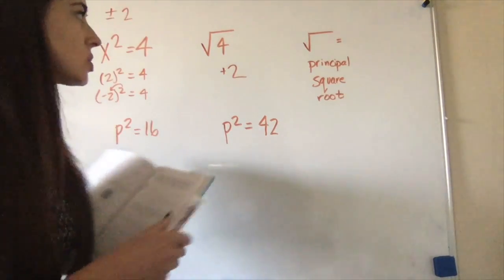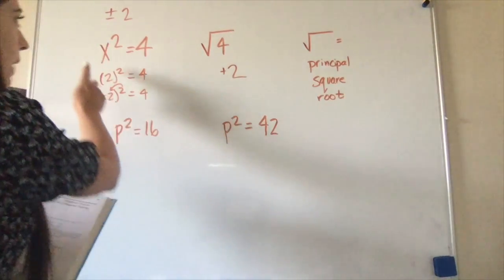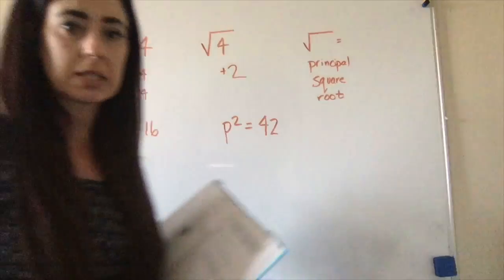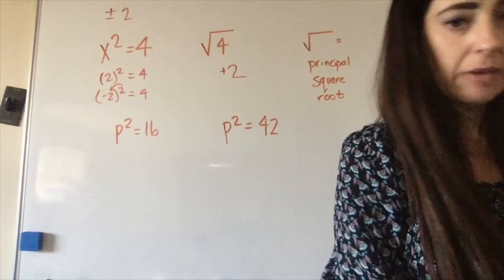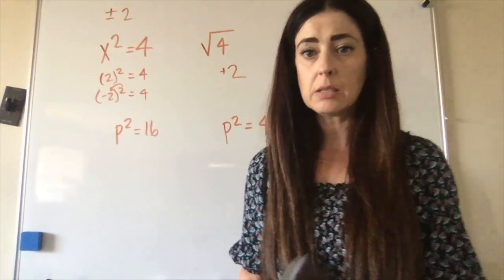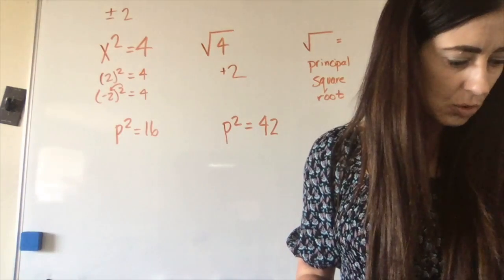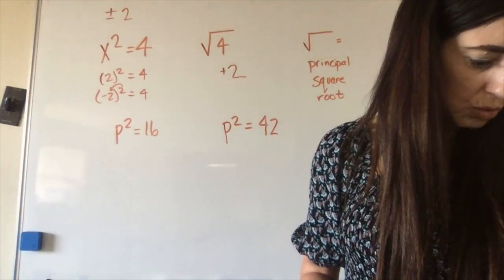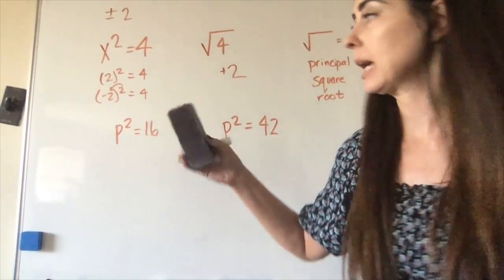All right? So when we have the square root, it can only be the positive, but if we're squaring, it can be positive or negative, okay? So the answer when we have a radical symbol can only be positive, but when we're squaring, it can be positive or negative.